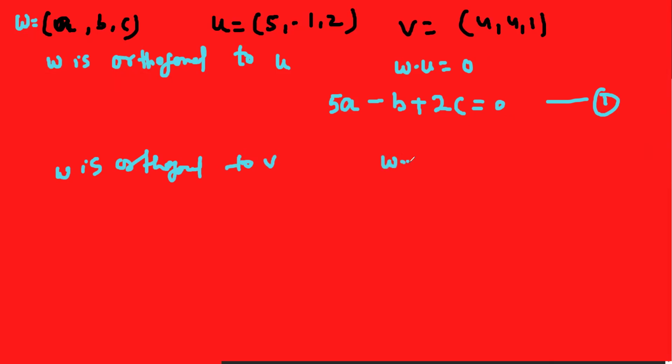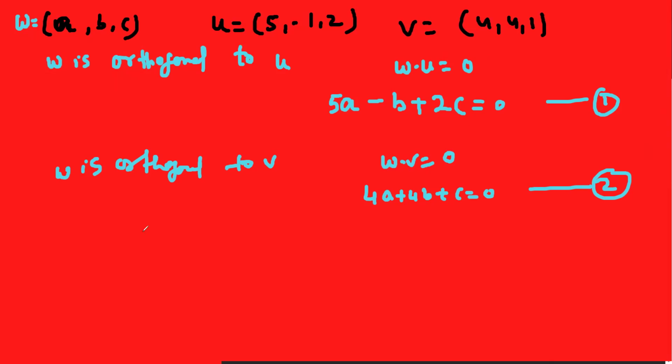It means W dot V must be 0. So when you multiply W with V, you will get 4A minus 4B plus C is equal to 0. Equation 2. With the help of equation 1 and equation 2, find the values of A, B, C. How can we solve this?